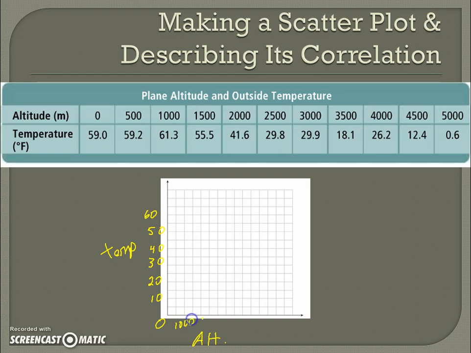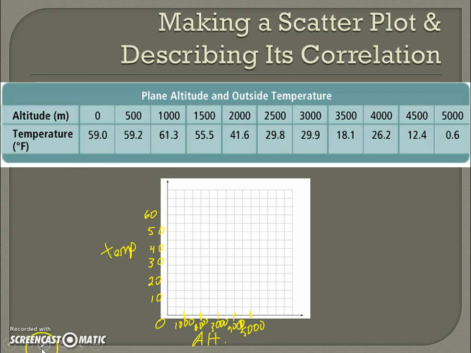So 1,000, 2,000, 3,000, 4,000. And I'll put a little line here so that it's clear what goes with what. And it looks like 5,000 is the most, so I'll just stop right there.